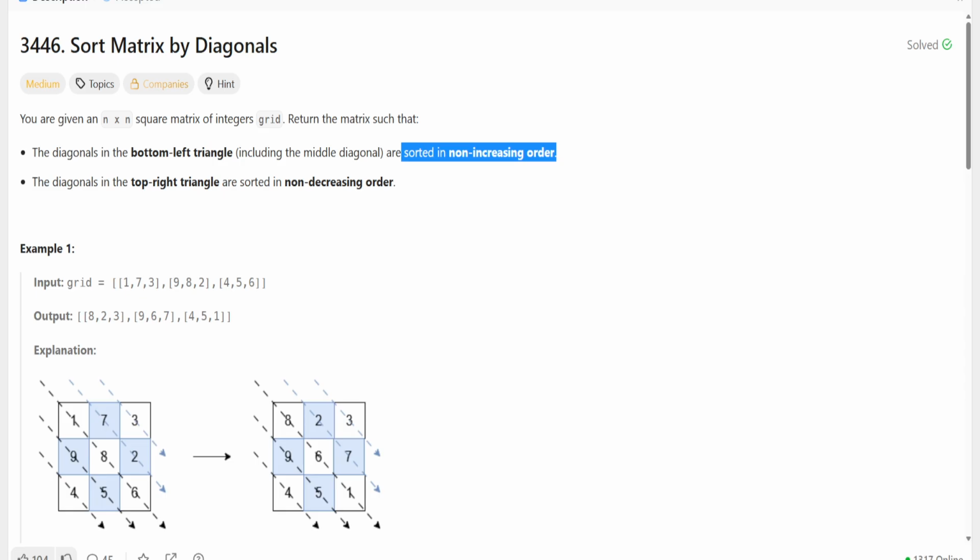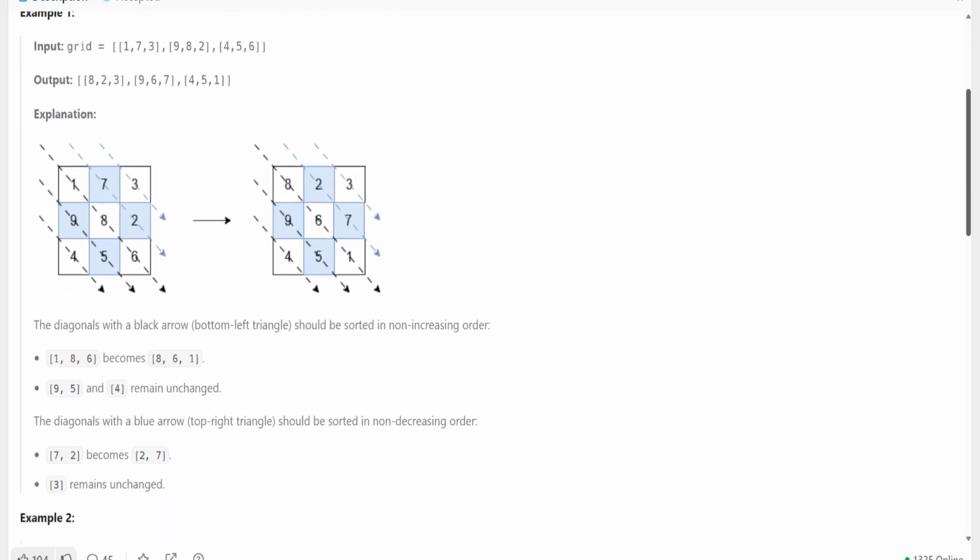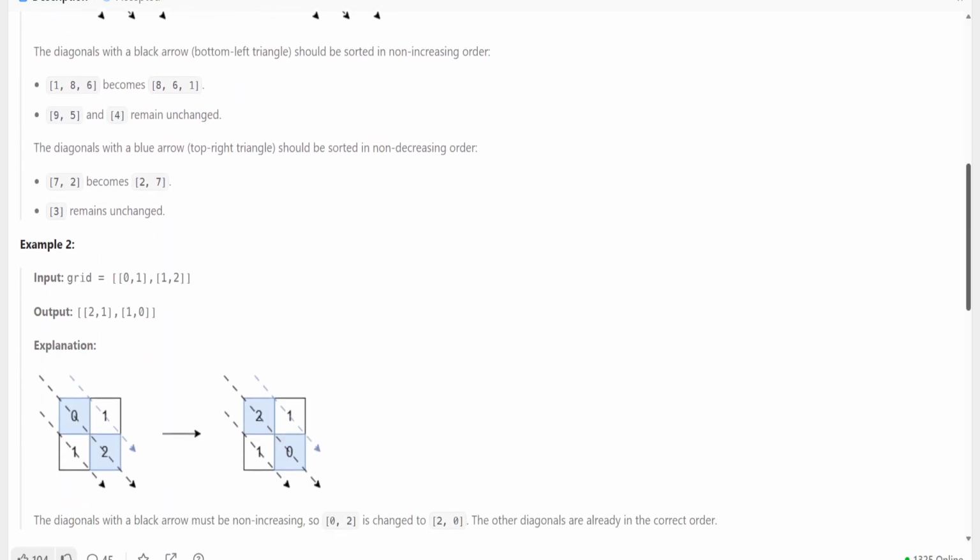The diagonal 1, 8, 6 we have to move into descending order, so the 8 will go first, then 6, and then 1. It will become descending order. But for the upper one, 7 and 2 will become 2, 7, and the upper one will become 3, like that.